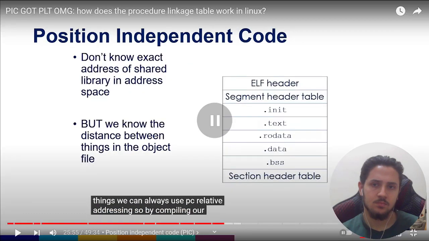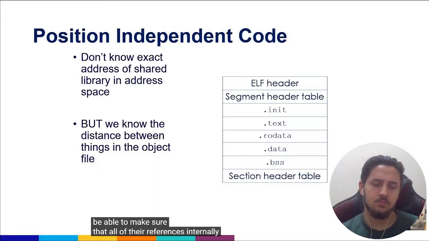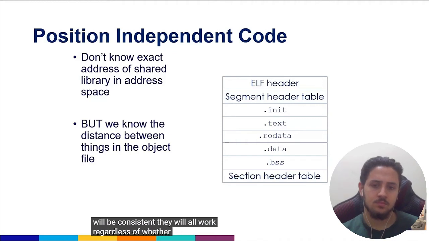So by compiling our libraries with position independent code, we will be able to make sure that all of their references internally will be consistent. They will all work regardless of whether they are loaded in any given address.